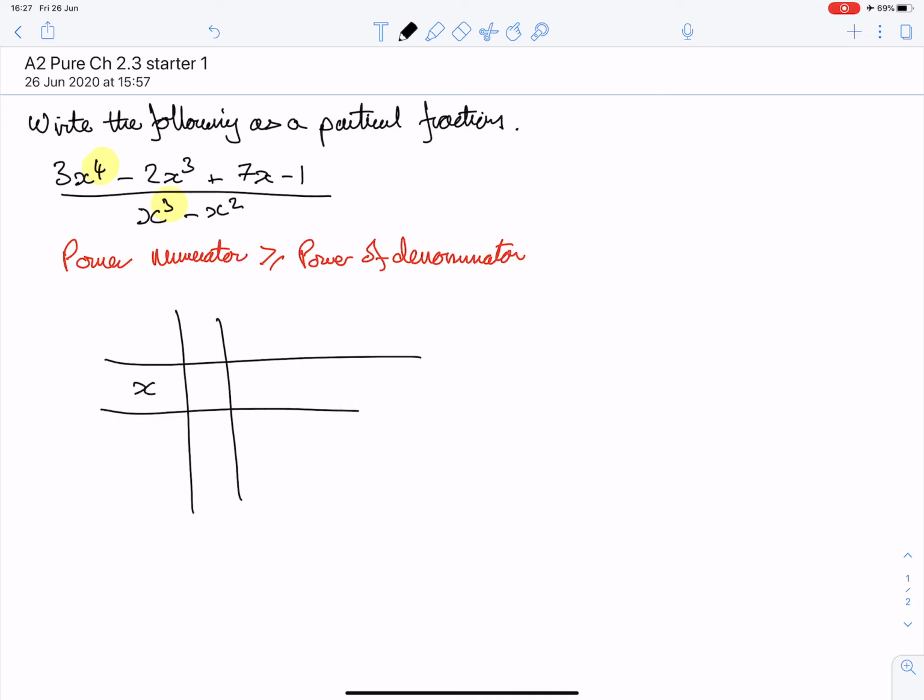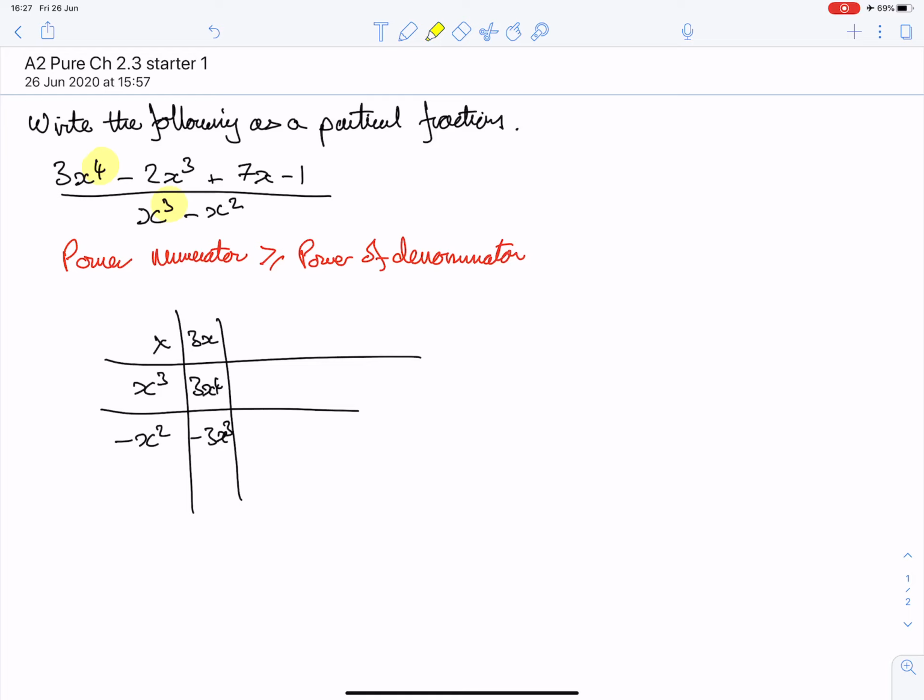So dividing by x cubed minus x squared, our first term is 3x to the 4. So 3x to the 4 is equal to x cubed times something. That's got to be 3x. This makes this one down here minus negative 3x cubed.